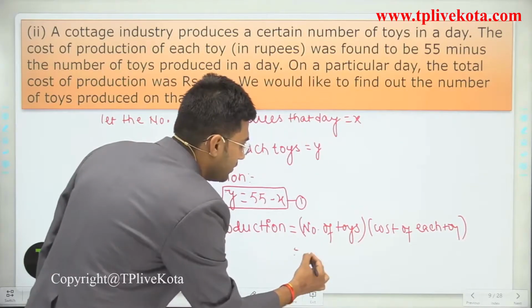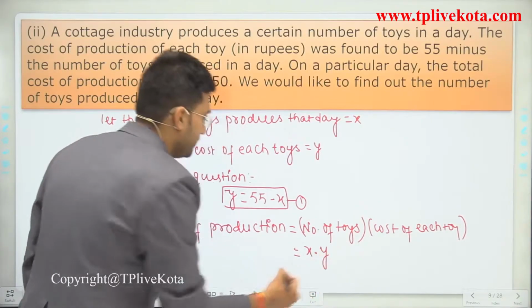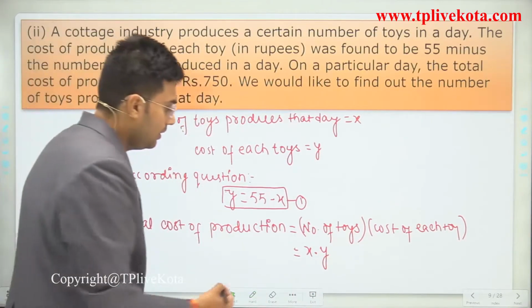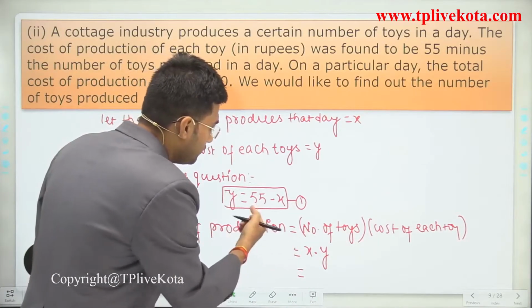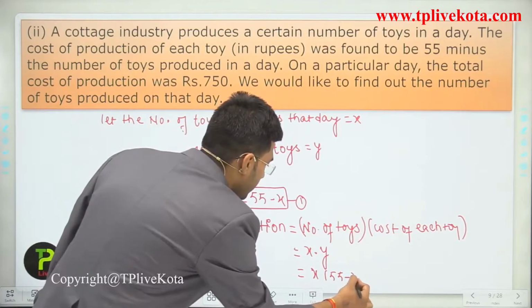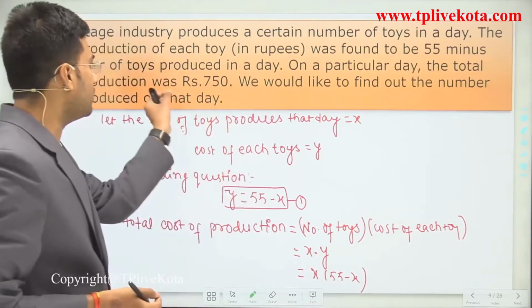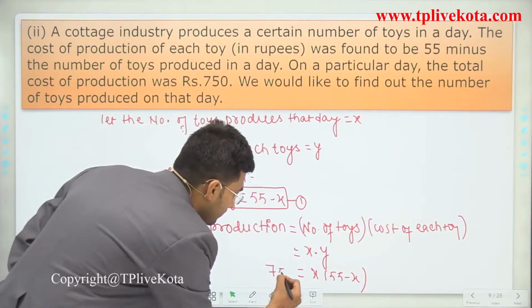The number of toys is x and the cost is y. Clear? Now y is 55 minus x, so it is equal to x multiplied by 55 minus x, and it is given that the total cost is 750.